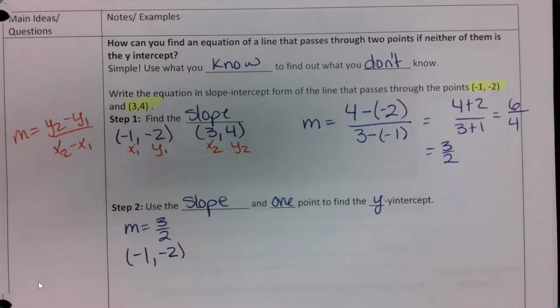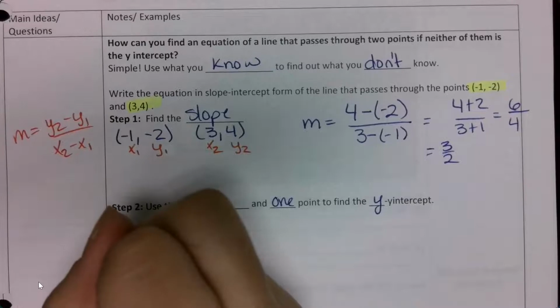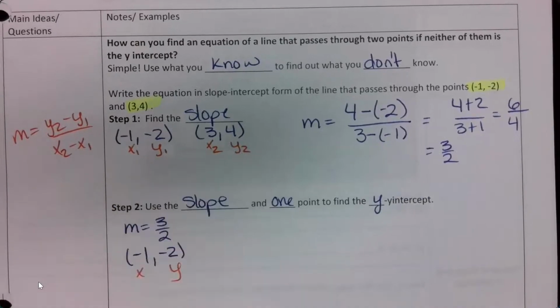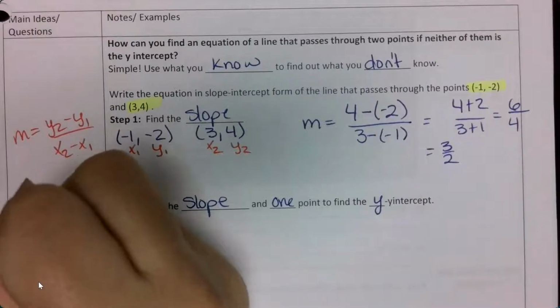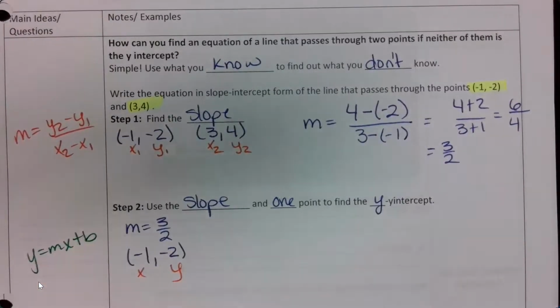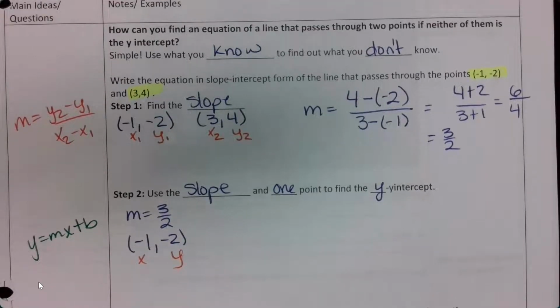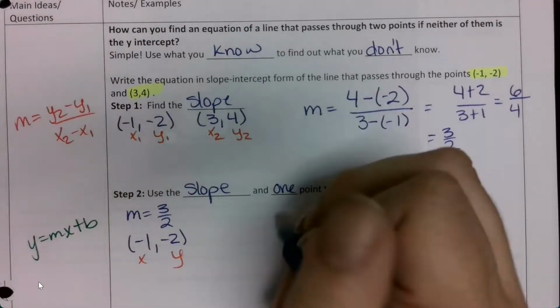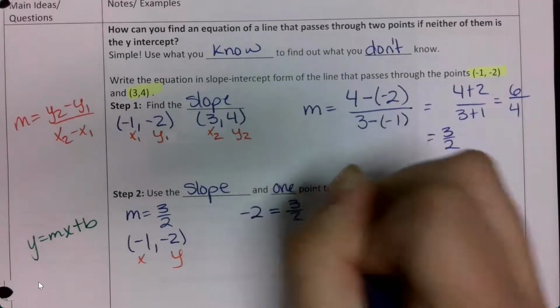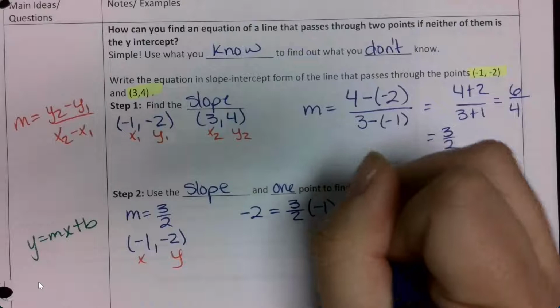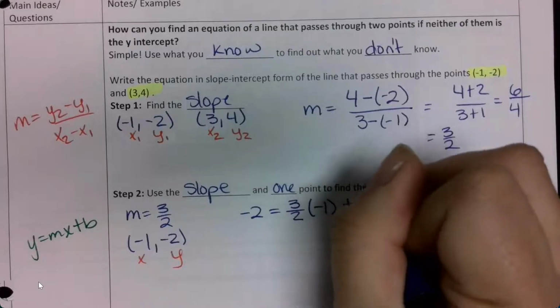That's going to be my x, y when I plug into my regular slope formula. So for this one, I'm plugging into y equals mx plus b. So instead of y and x, I'm going to replace those with these numbers. So I'm going to have -2 equals my m is 3 halves, my x is -1. My b is what I'm solving for.